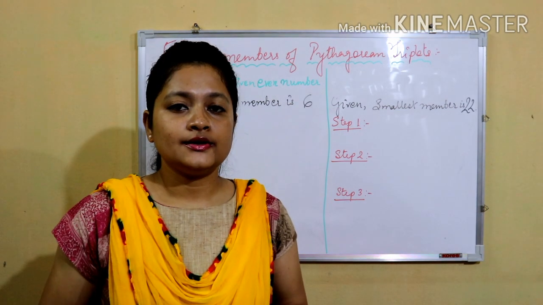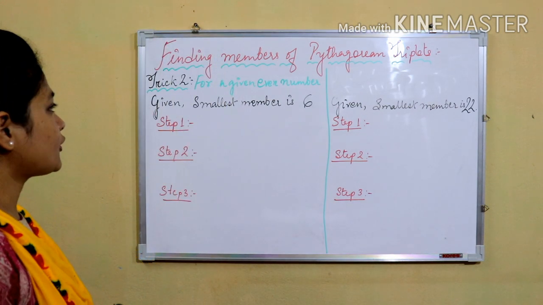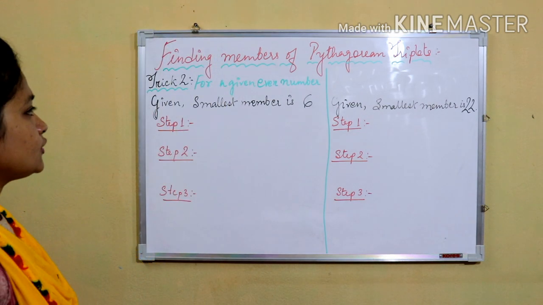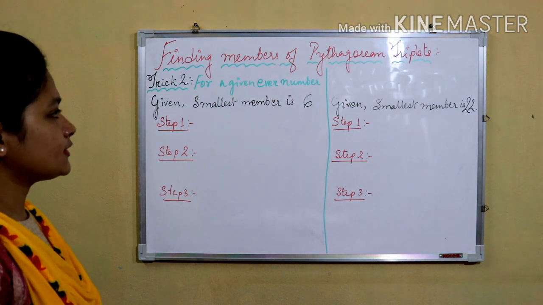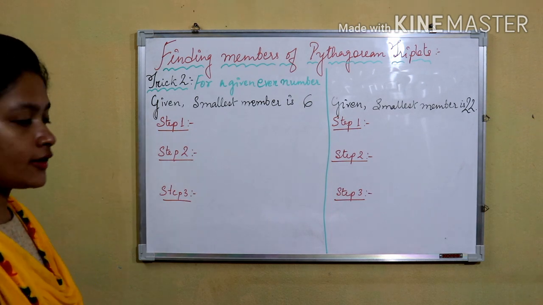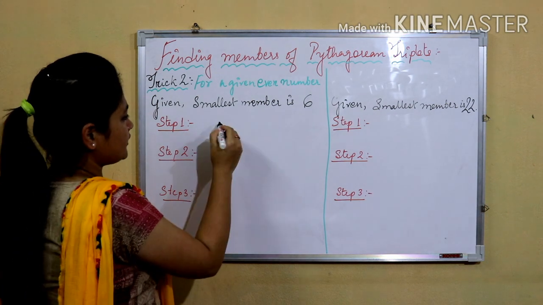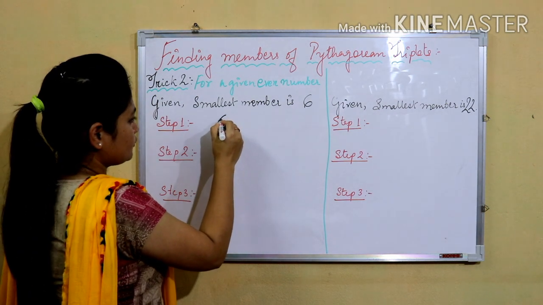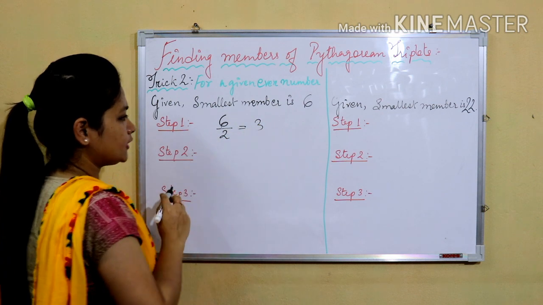Okay. Now let us see the second trick. The second trick is for a given even number. So in case of a given even number, the smallest number is given as 6. This also we are going to find out in 3 steps. At first we need to divide the given number by 2. We will divide this 6 by 2, which will be equal to 3.